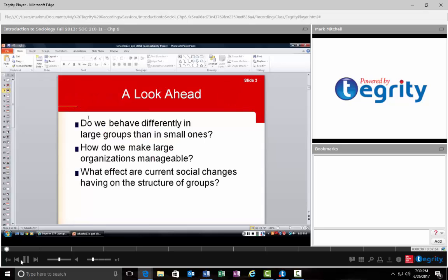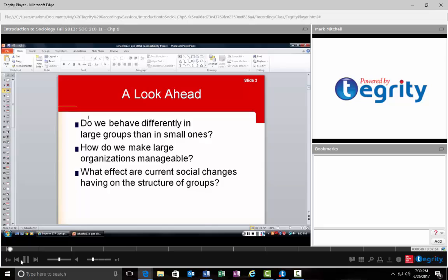Some questions to keep in mind here: when we think about large groups and small groups, that's something we're going to look at and distinguish between in the next few slides. Our first question asks, how do I behave differently when I'm in a small group as compared to a large group?